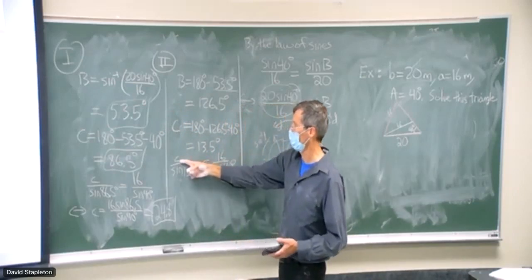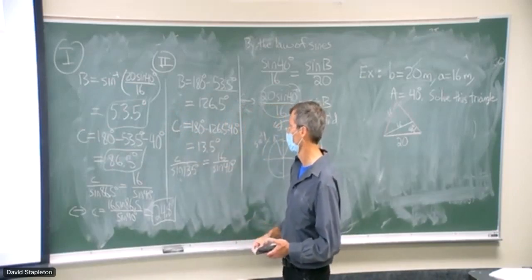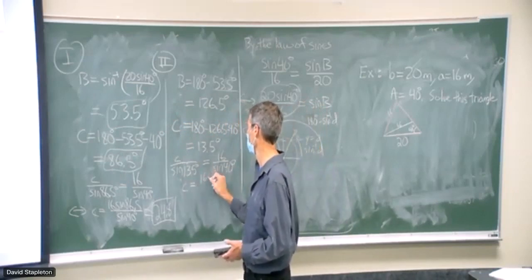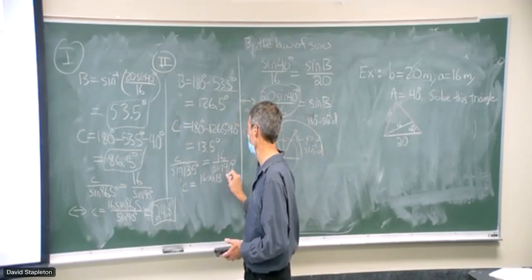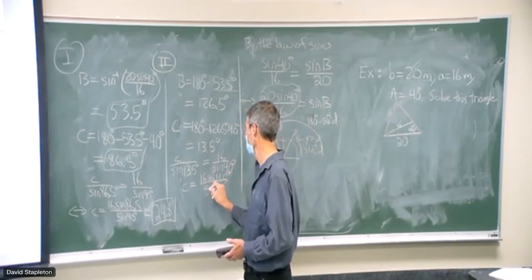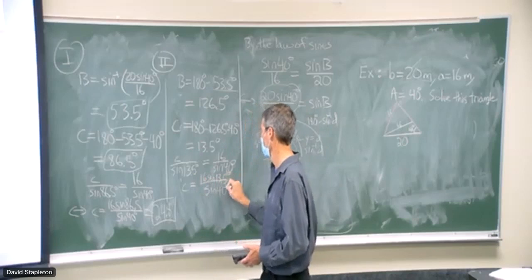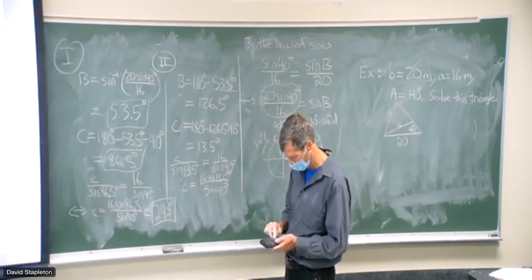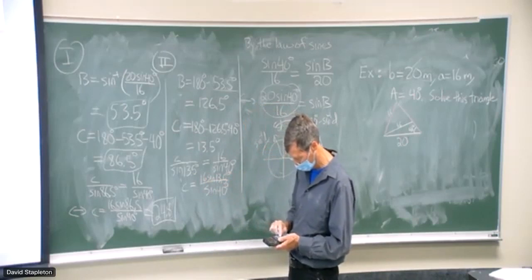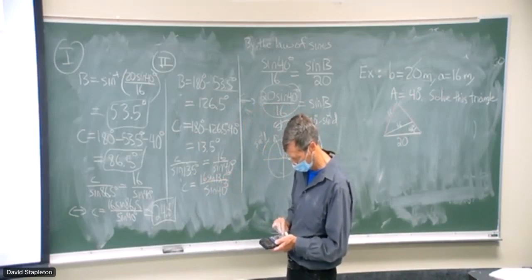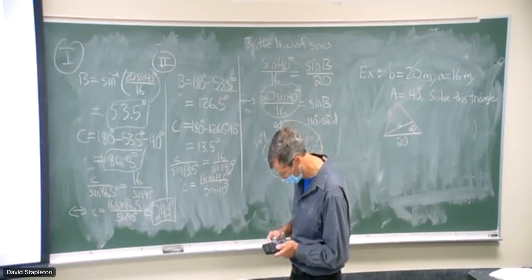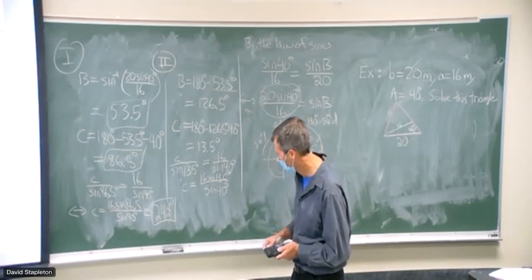So solve for little side C from this angle C, and I get that C equals, just by multiplying by sine 13.5, 16 sine 13.5 over sine 40. All right, and let's see. That to be 5.8.